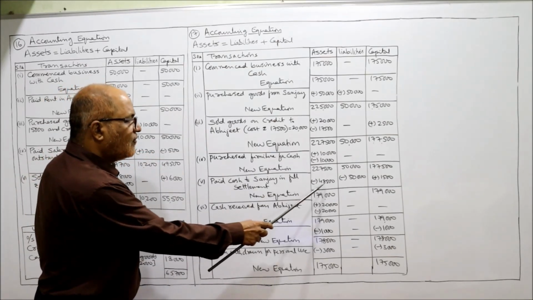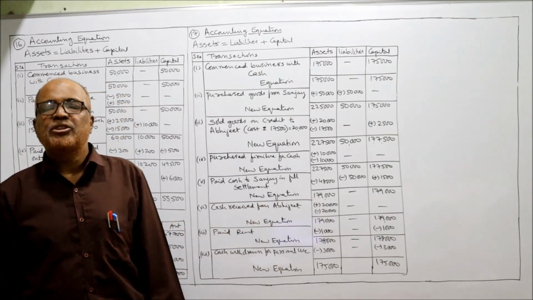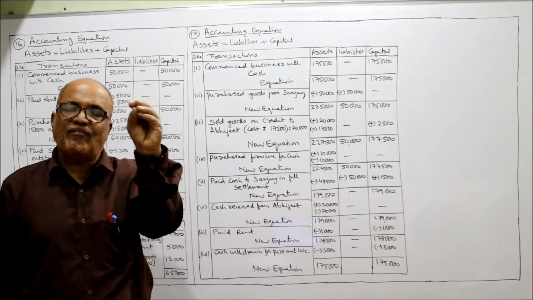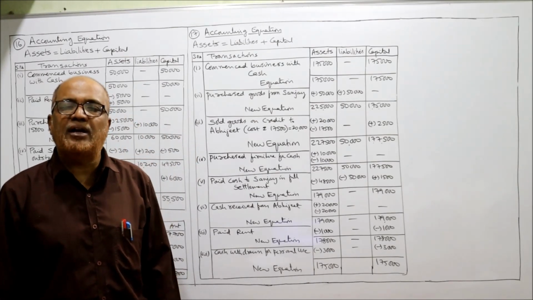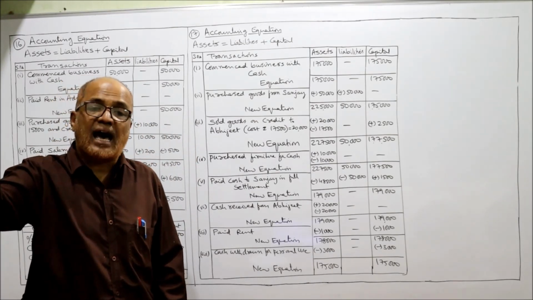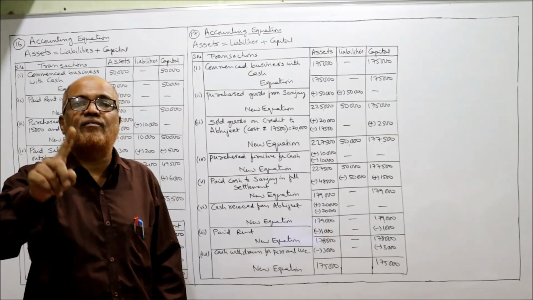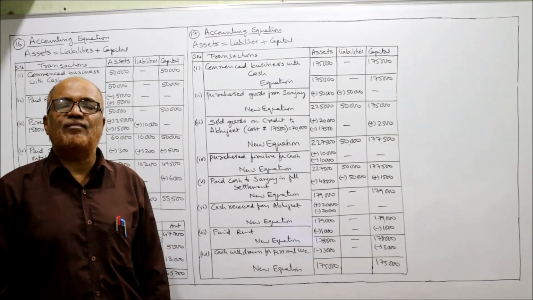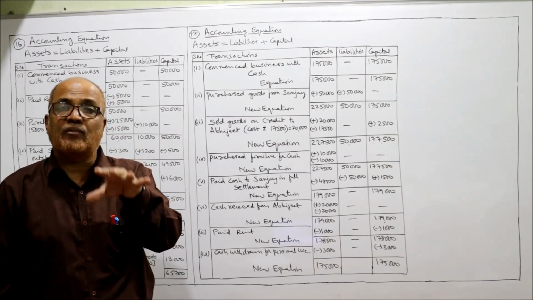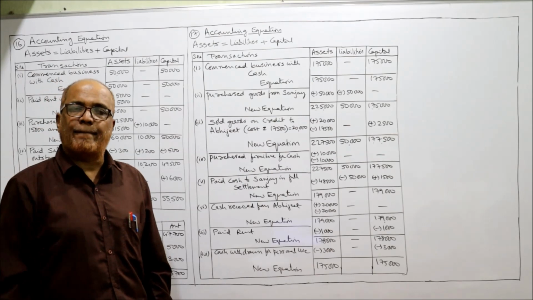Paid to Sanjay only 48,500. So instead of paying 50,000, we are paying only 48,500. That means Sanjay is allowing us a discount of 1,500. 50,000 minus 48,500, 1,500 discount we are getting from Sanjay.